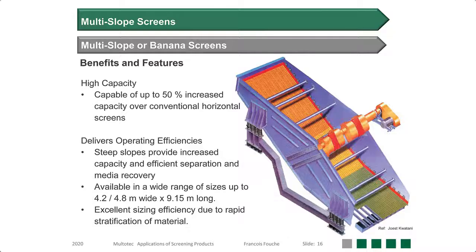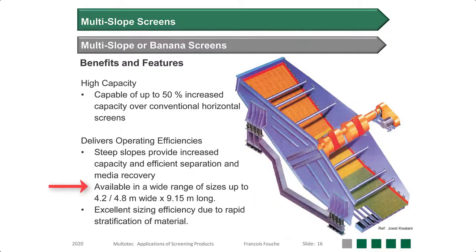There's therefore no doubt that we have a very effective machine in the multi-slope screen for the removal of fines. I know that OEMs rate the capacity of these machines up to 50% more compared to equivalent size horizontal screens. In the African market, these screens are built up to 4.3 meters wide.